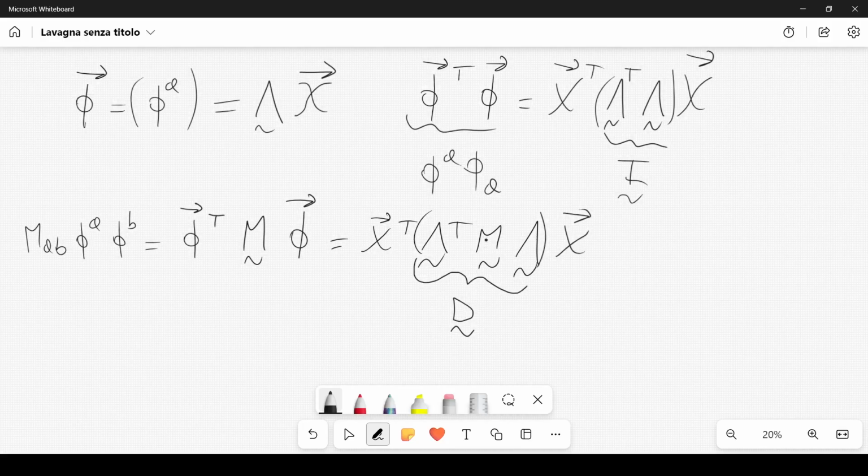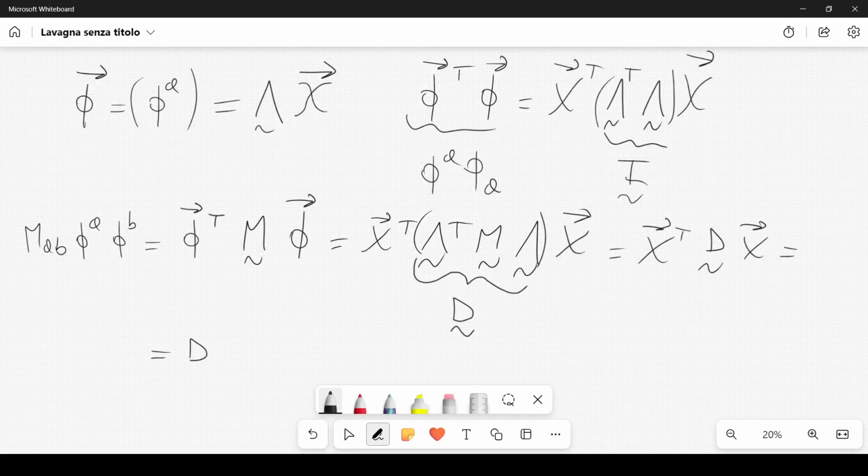We can do so because M is symmetric and positive definite, so its eigenvalues will be positive. And therefore, we have rewritten this as chi transpose D chi. So in general, this can be written as a summation of this kind.